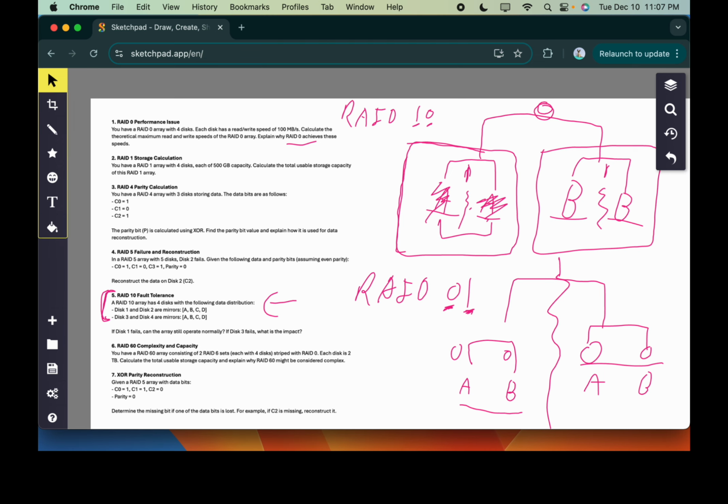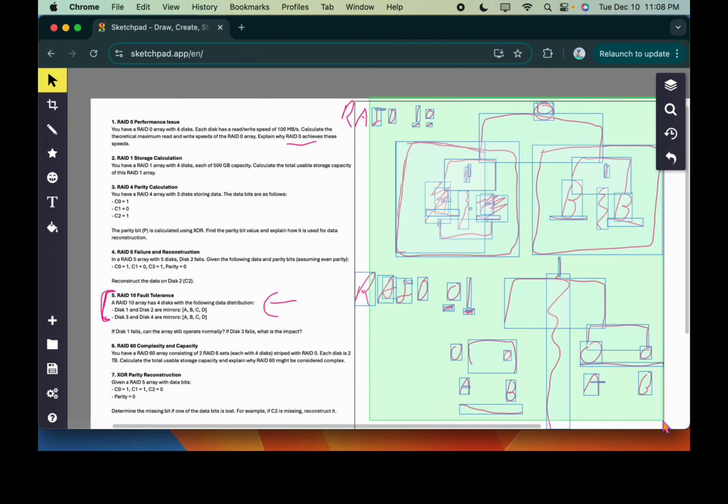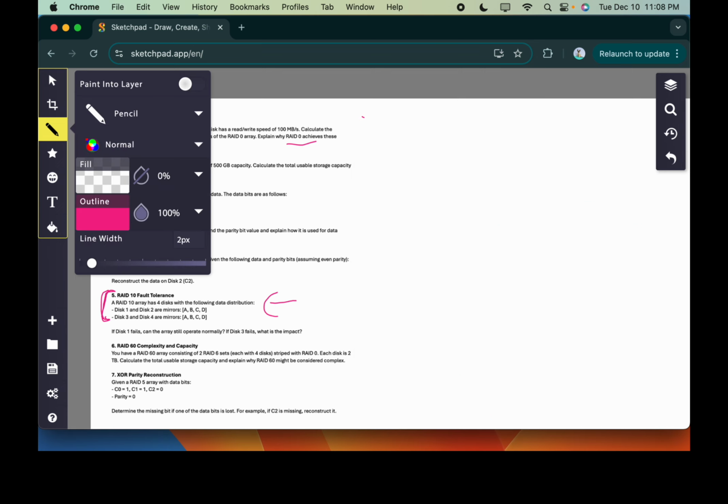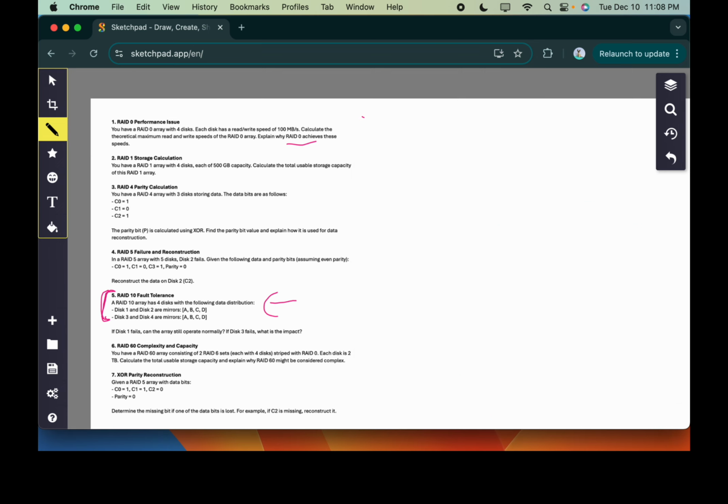So let's do parity real quick. Parity is actually pretty easy. Question 3. 4 disks, 3 disks, sorry, with RAID 4. This has a bit of 1, this has a bit of 0, this has a bit of 1.